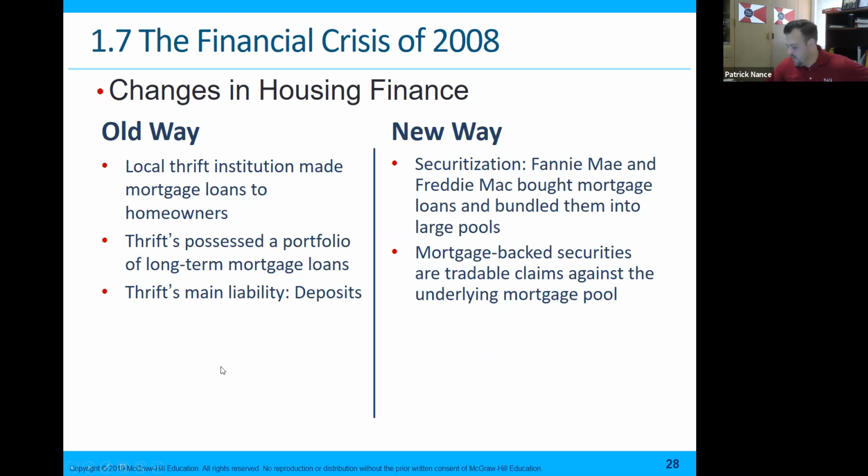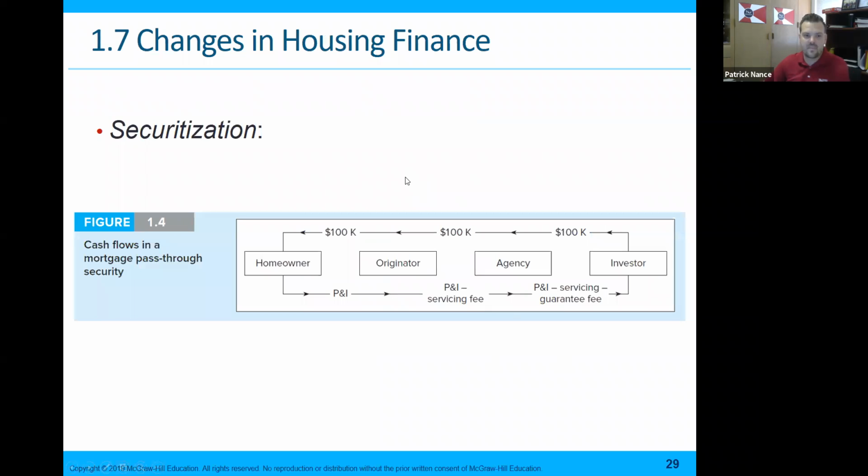But the old way, they originated the loan so they could hold on to it, and this way, they originated the loan so they could sell it. So here's the cash flow of the mortgage process through securitization. We've got the homeowner, we've got P&I, which is the principal and interest, and then the servicing fee and the servicing guarantee fee, and that goes to the investor.